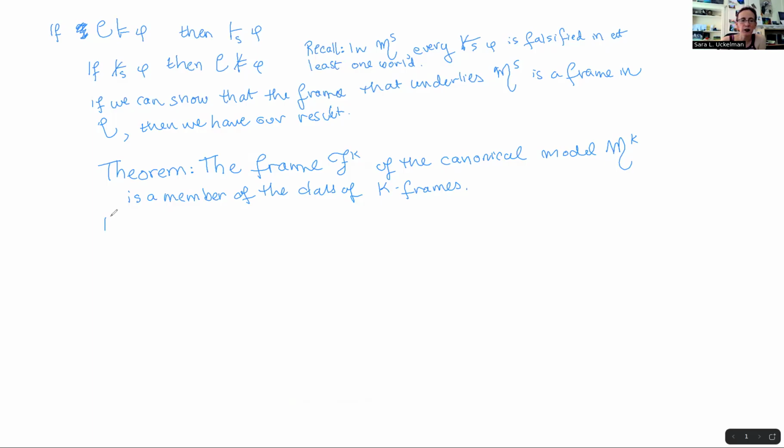And now, hopefully, you can see why the proof of this is so easy. This is because the class of K frames is the class of all frames. So it's a frame, it's a member of the class of all frames. So the class of K frames is just the class of all frames.